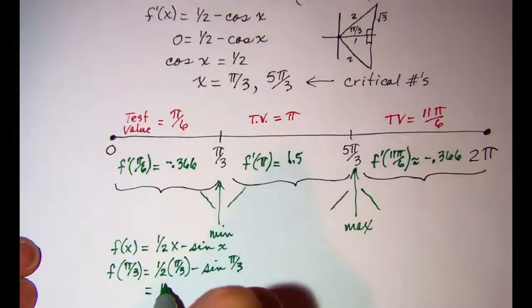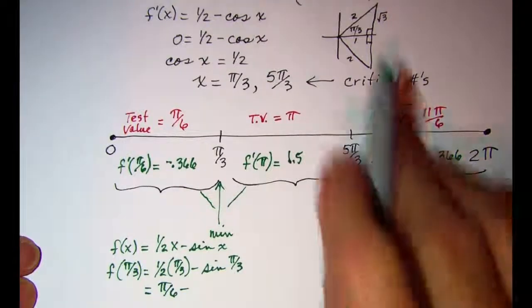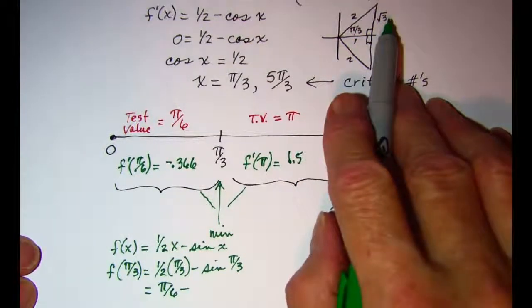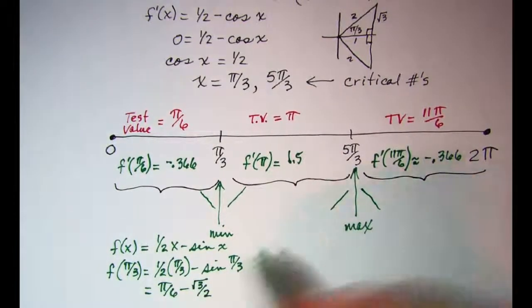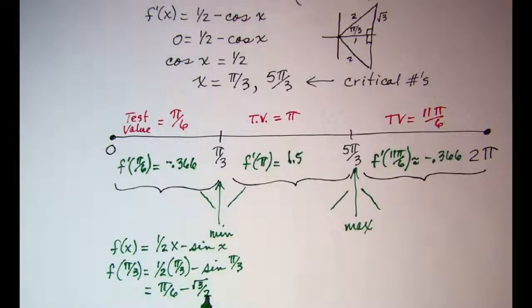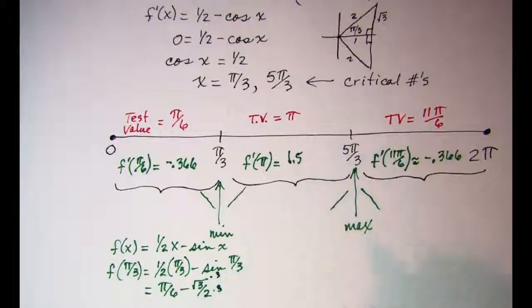This is pi over 6 minus the sine of pi over 3, which is root 3 over 2. So we're going to need a common denominator here. Multiply by 3. So pi minus 3 root 3, all over 6.